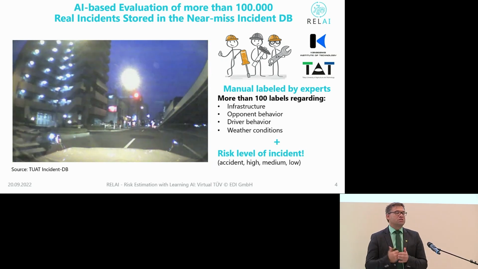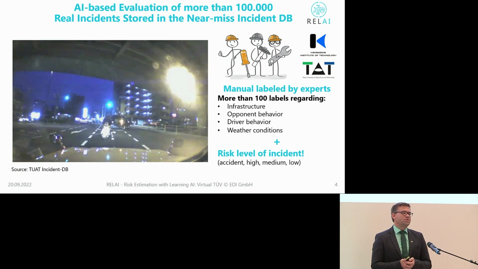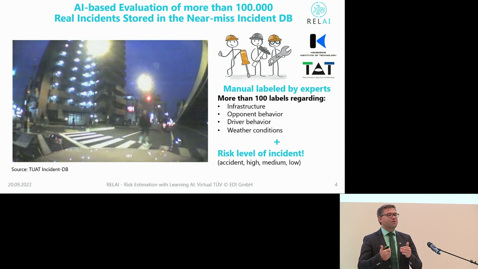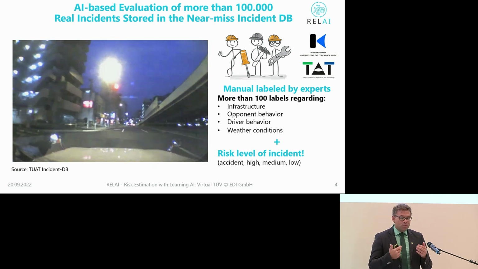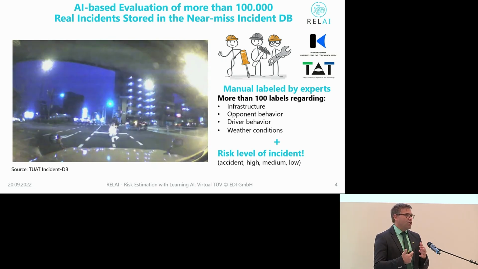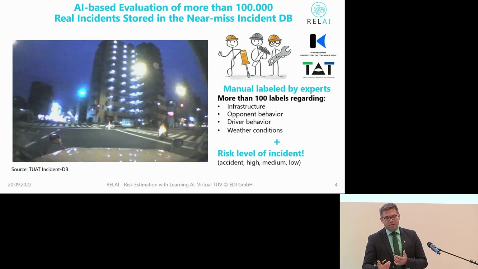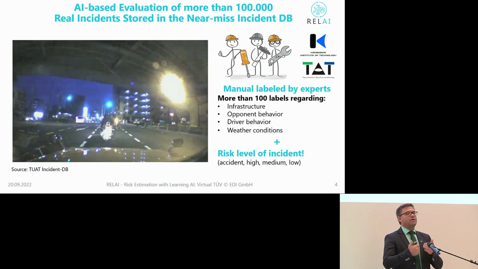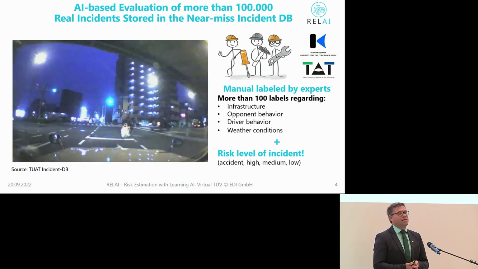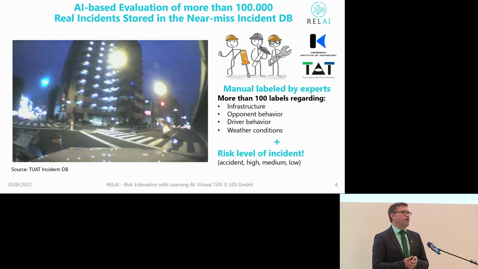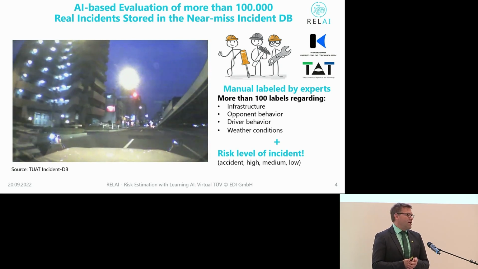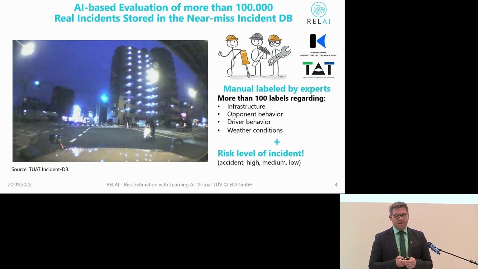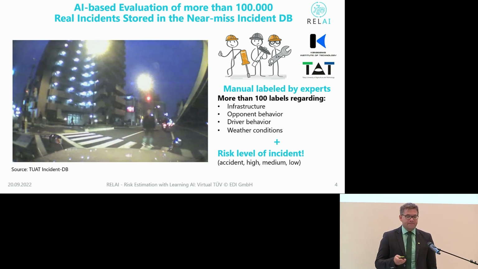We also used these special speed shapes to train our algorithm to later identify this kind of critical edge cases. So we find edge cases where the ego vehicle has some typical speed profiles in braking, and we can also evaluate how critical these edge cases were in reality. I will show a slide where that gets much clearer.